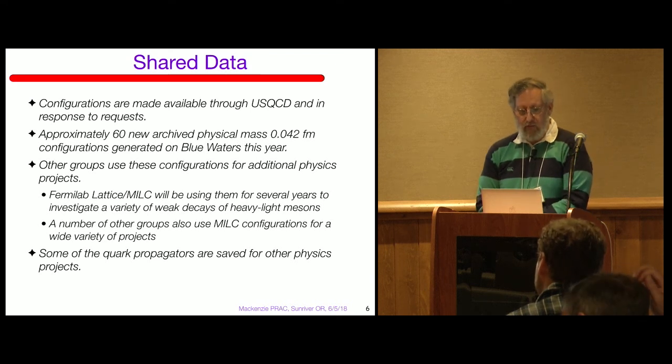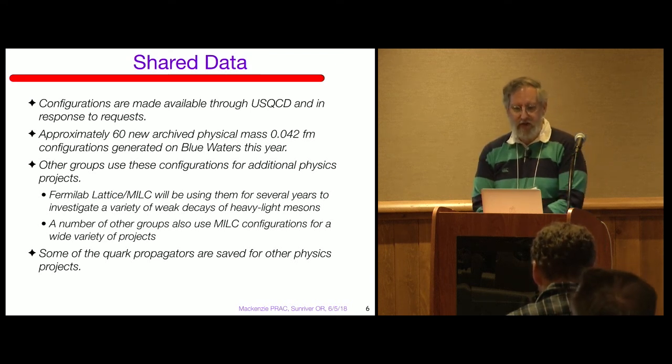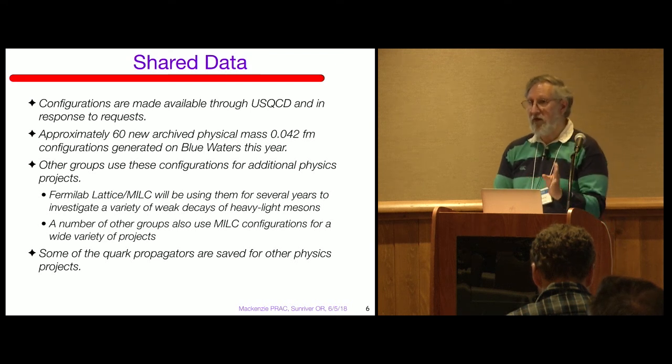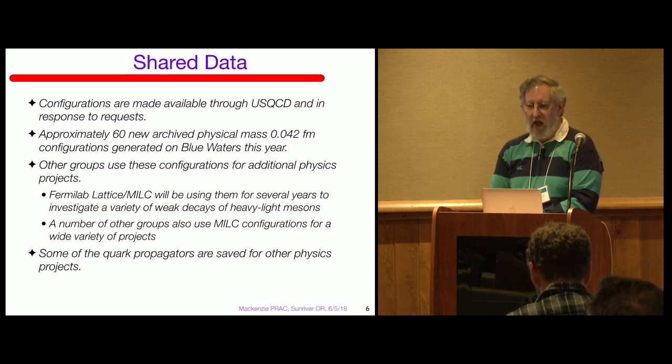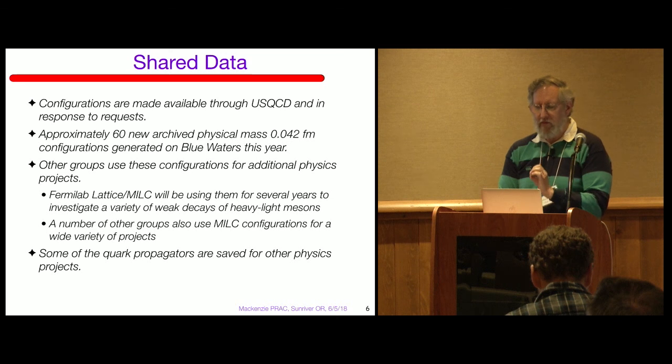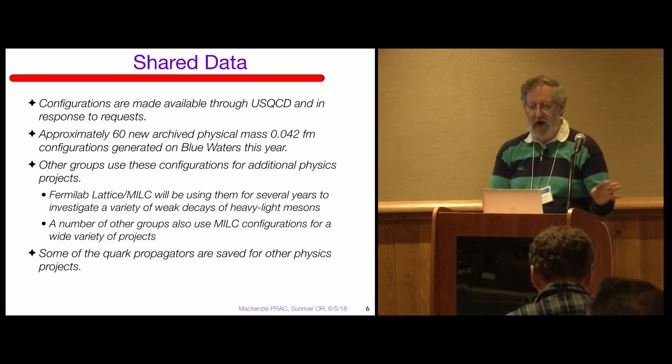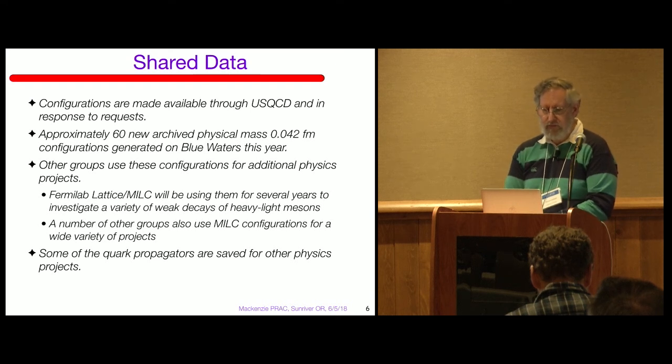So for one of the two actions we used, approximately 60 new archived configurations with physical quark masses for up, down, strange, and charm quarks, and a lattice spacing of 0.042 Fermis were created on Blue Waters this year. Of course, there are many other configurations from earlier years.